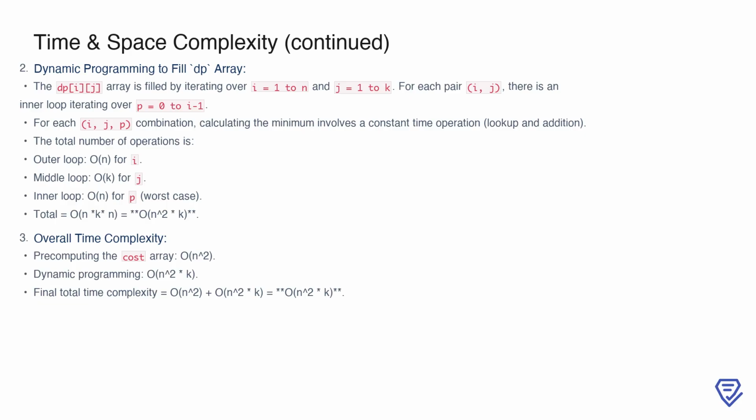The total number of operations can be calculated as follows: the outer loop runs in O(n), the middle loop in O(k), and the inner loop in O(n) in the worst case. Multiplying these together gives a total time complexity of O(n*k*n), which simplifies to O(n squared * k). Combining this with the pre-computation time, the overall time complexity of the solution becomes O(n squared * k).